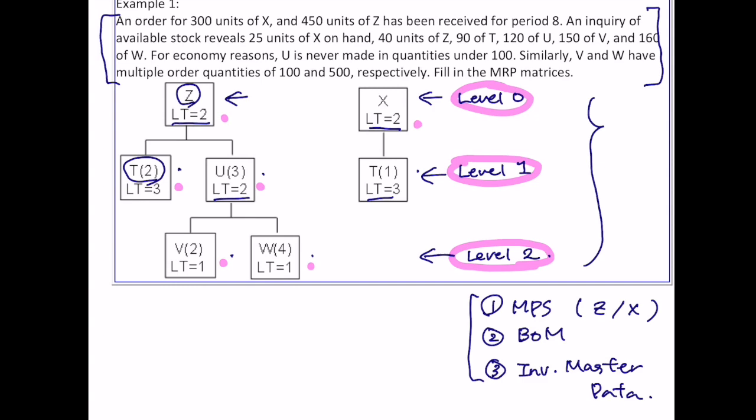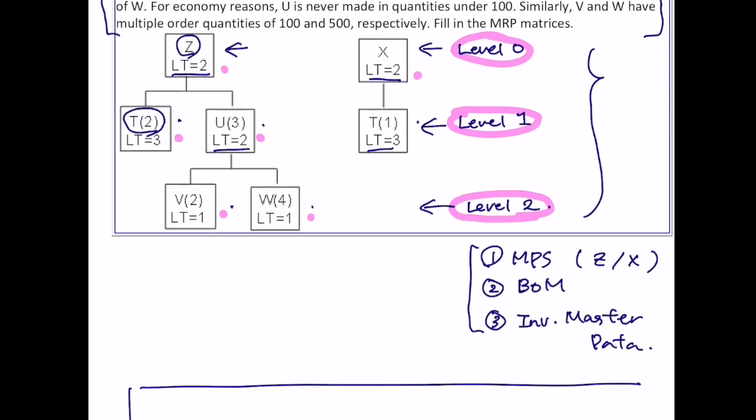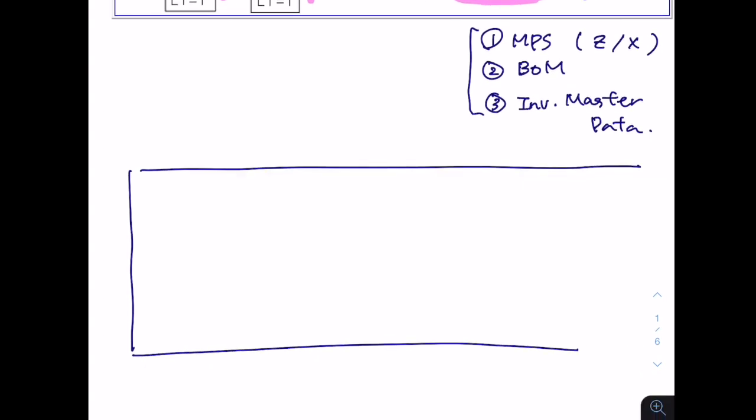So here I want to draw a table that can summarize the information about each material. We have Z, X, T, U, V, W, or 6 items. So let me draw some lines.